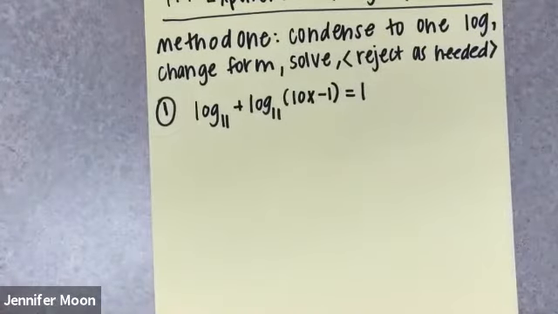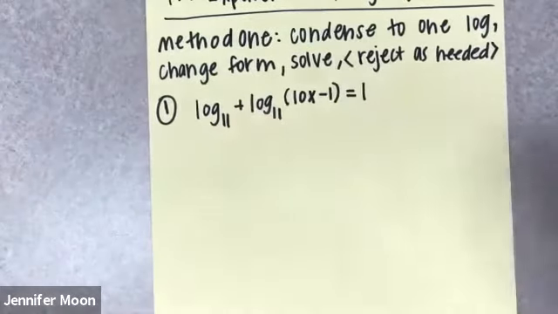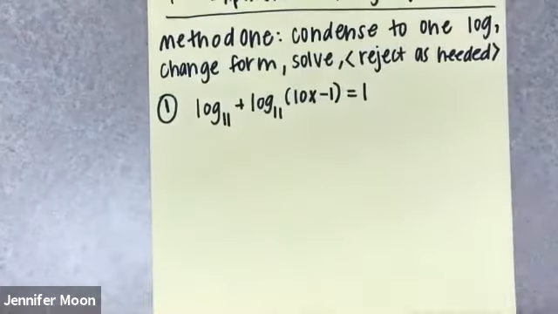So I've got multiple logs going on, right? So I know that I need to condense it to 1 log. Condensing means using the properties of logs. So because this is addition, what I would do is these would be adding each other.